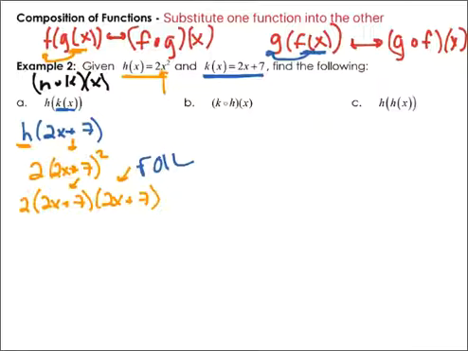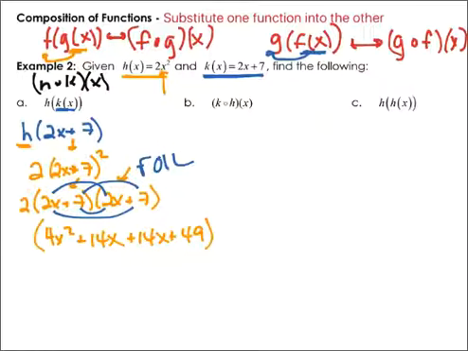FOIL is where you do the first, 2x times 2x, and that gives you 4x squared. Then you do the outsides, 2x times 7 is plus 14x. You do your insides, which gives you another 14x, and finally you multiply the last terms, 7 times 7 is 49.